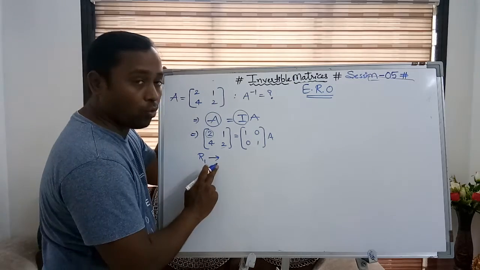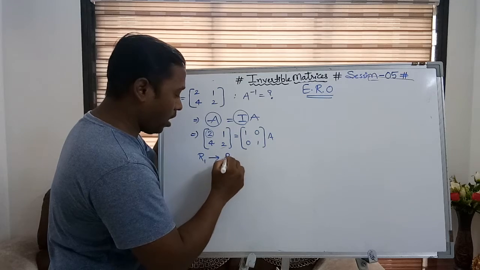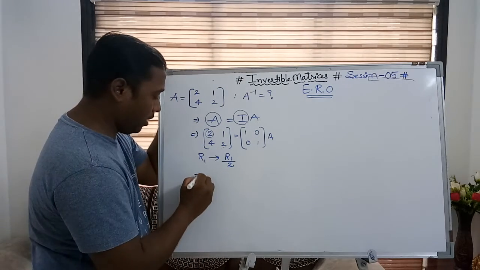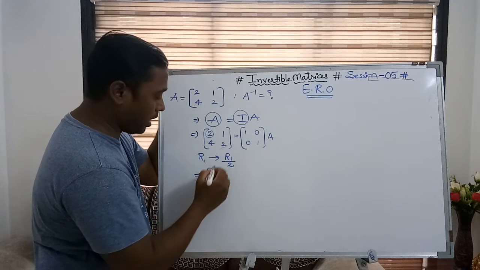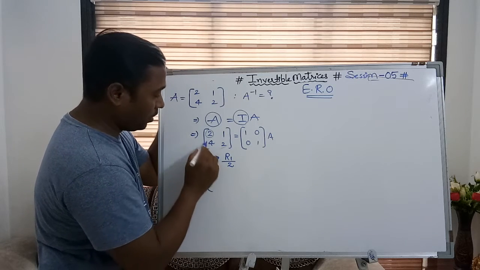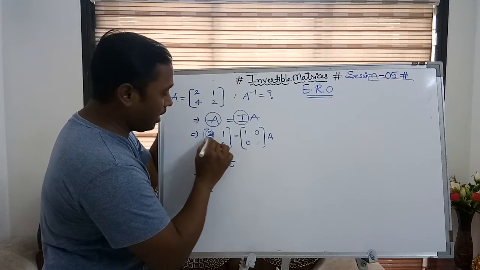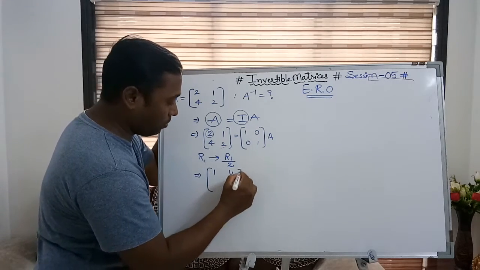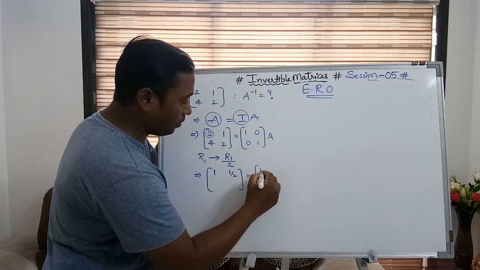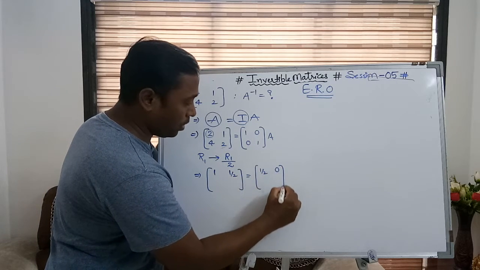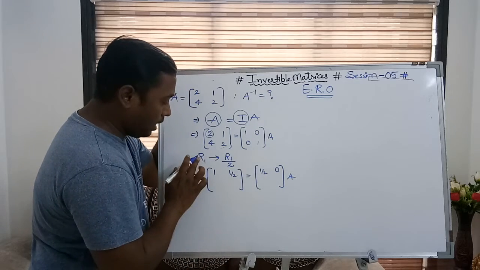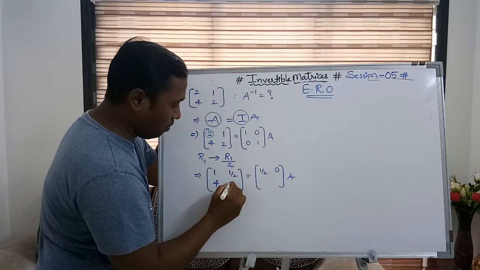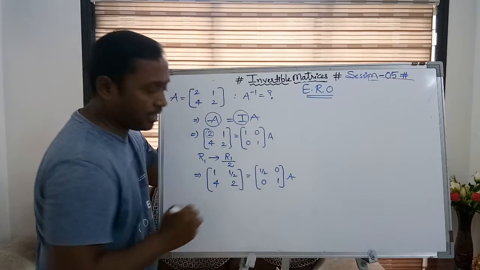R1 is going to change, R1 divided by 2. If I do that, you will get 1 here. 2 divided by 2 is 1, and every element of R1 is divided by 2. So now I can write 1 by 2, 1 by 2, and 0 by 2 is 0 only. If I do the R1 operation, R2 will not change, so the second row elements remain the same.